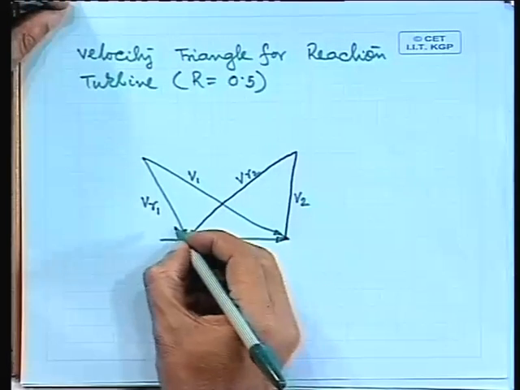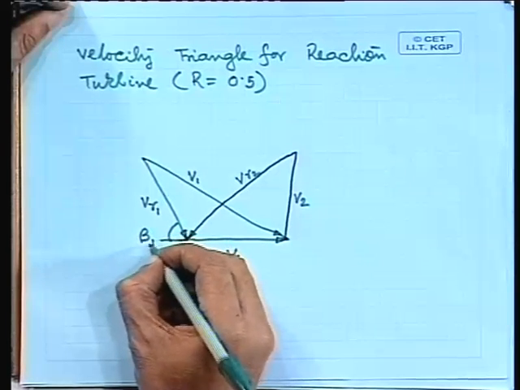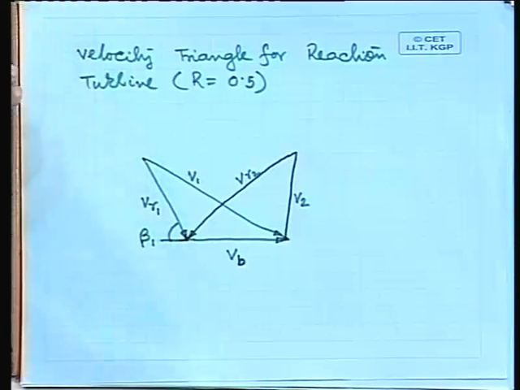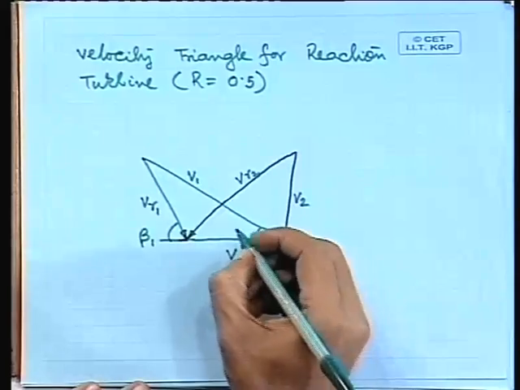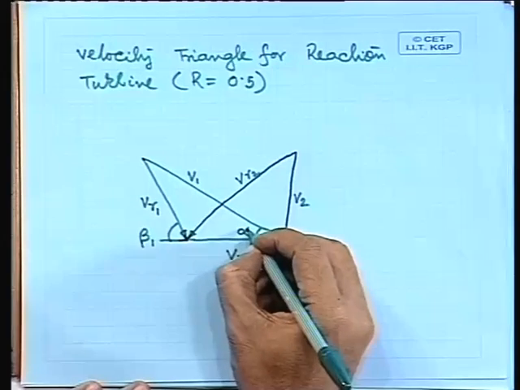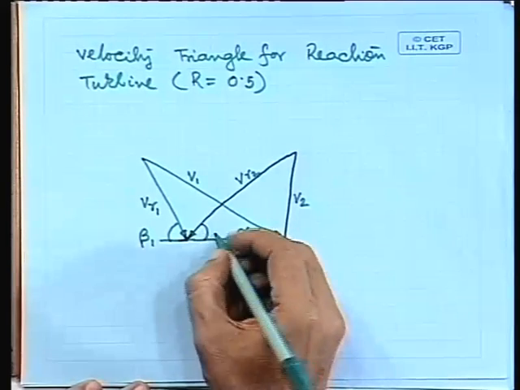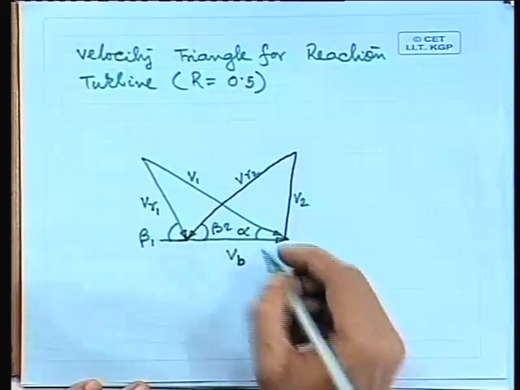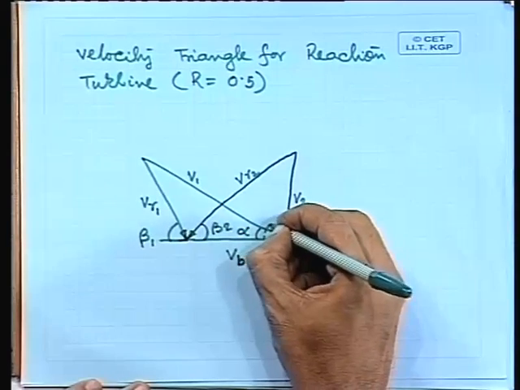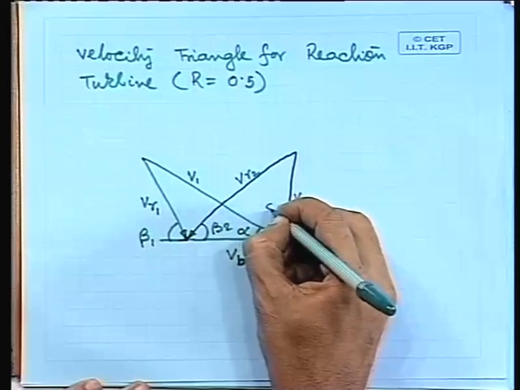So, we have beta 1, which is the blade inlet angle, and here again, as I have told a number of times earlier, the design is such that the steam enters smoothly without any shock or collision into the blade. It glides into the blade. This is beta 1, and then this angle we call alpha. This angle is beta 2, and if you remember, we defined this angle as delta.